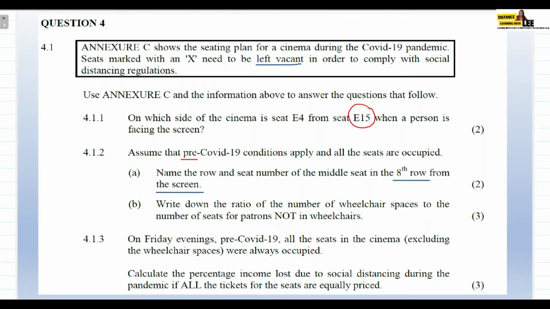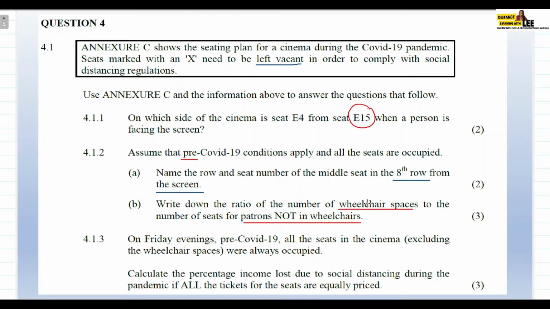We basically need to count the seats that have been designated to people that use wheelchairs, and count seats that have been designated for people that do not use the wheelchairs, and basically get the ratio for that, okay?